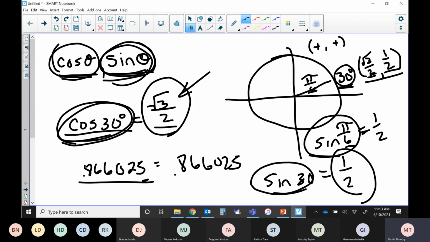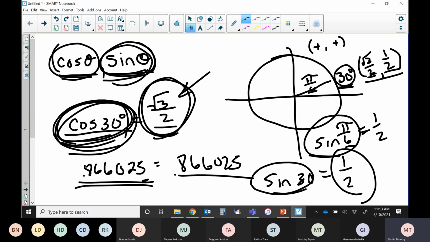Now, if you actually took a calculator and did this, this would pop up. However, if you tried to do the sine of pi over 6, it would not work because your calculator is in degrees. So what you actually have to do on a scientific calculator is change your mode to rad. It'll say radians or rad or something.